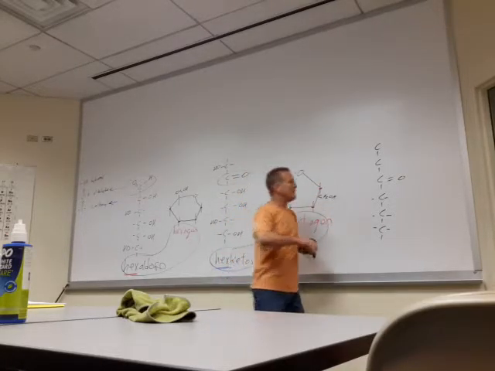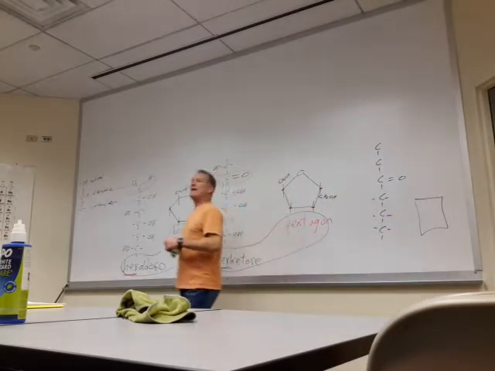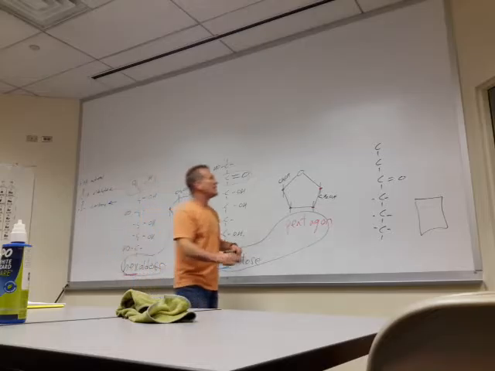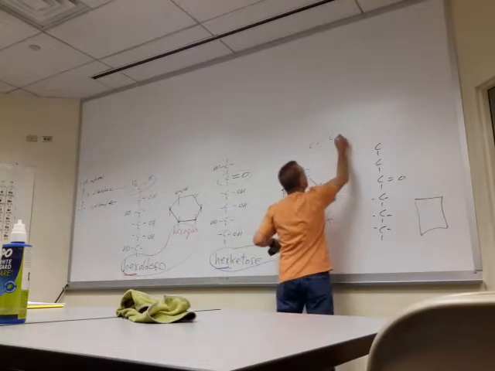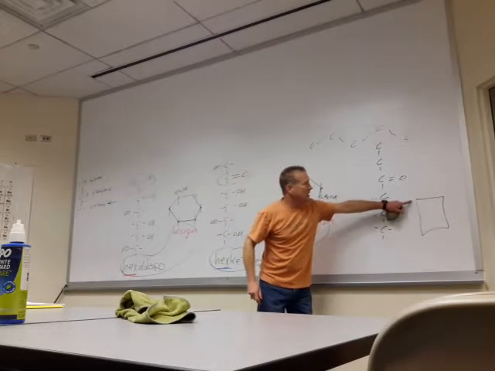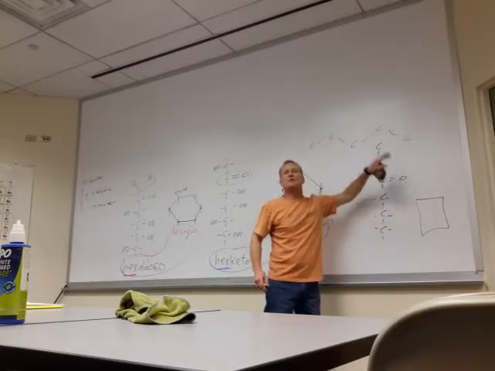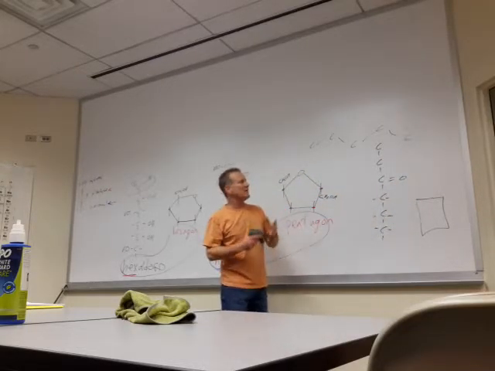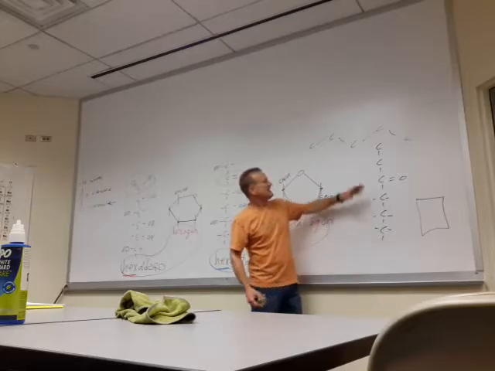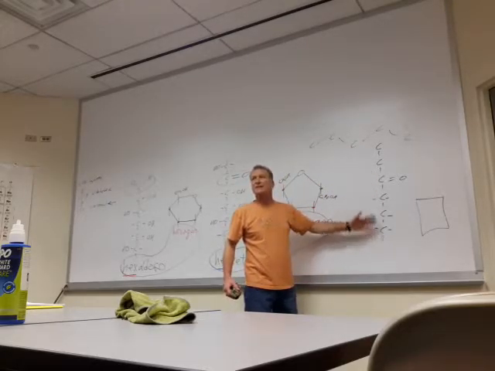Because for this to form a ring, it would have to be a square. And the angles between the carbon atoms, remember this? The angles between the carbon atoms aren't 90 degrees. It can't form a square. So if you went into a laboratory as an organic chemist and synthesized this, it would look like that. It would be a chain.